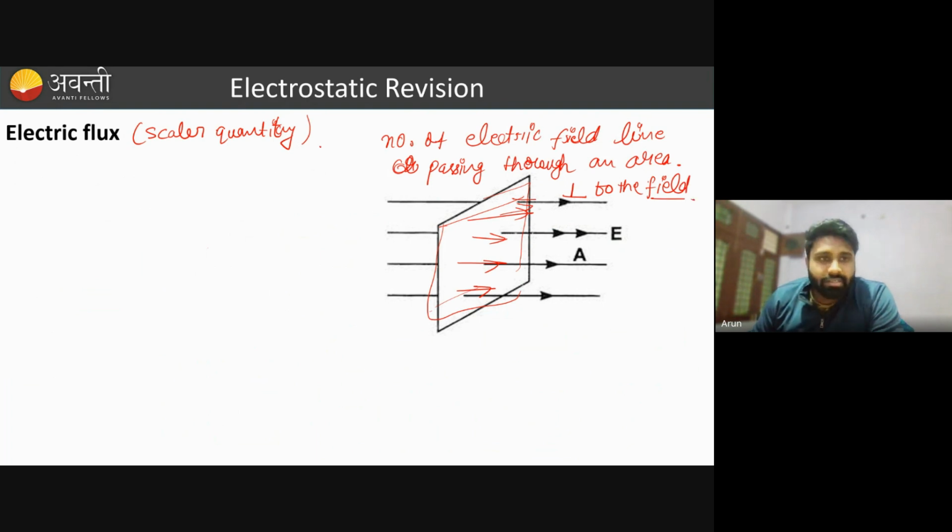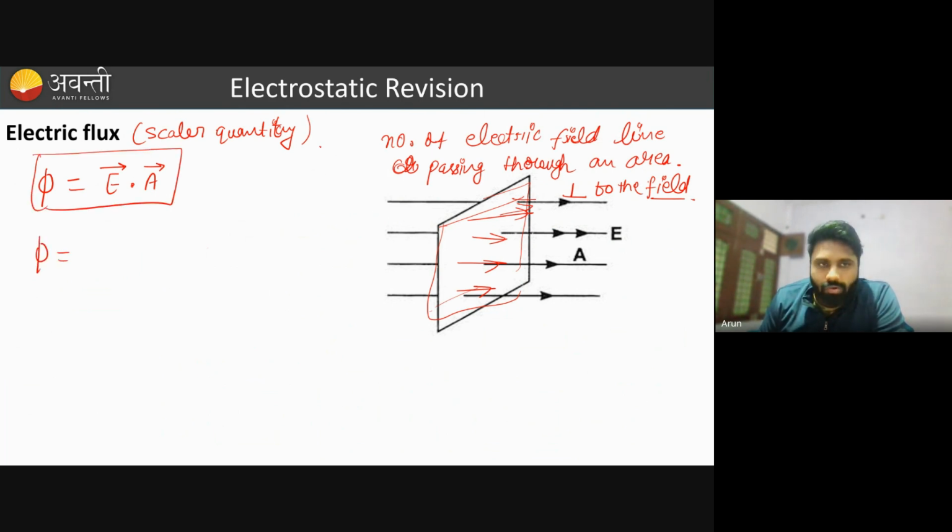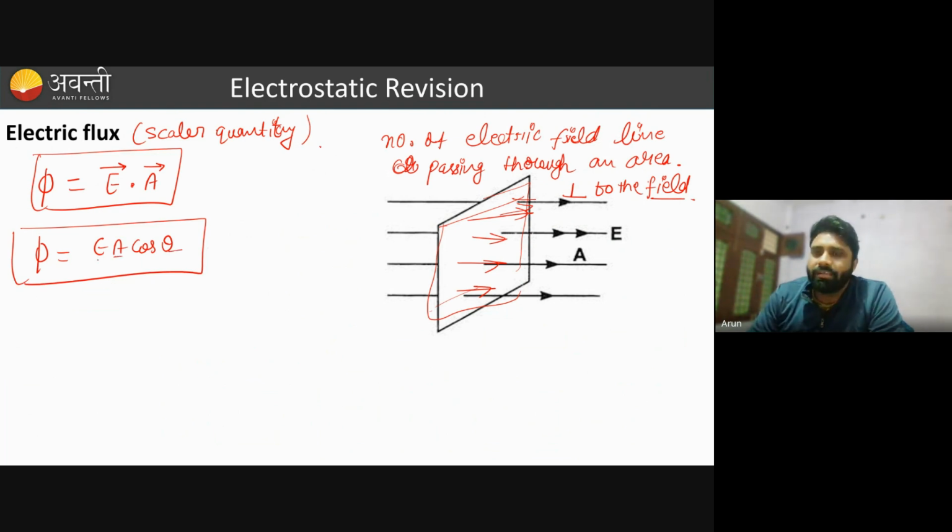Got it? This electric flux is given by phi is equal to E vector dot A vector. If you open this dot product, it will become EA cos theta. So this flux will depend on the value of theta, the area, and the electric field intensity.